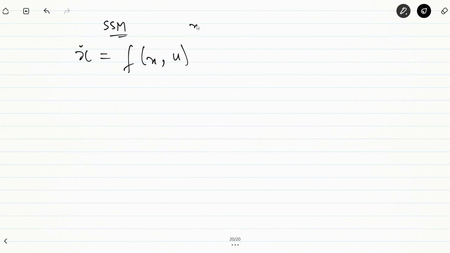Now instead of writing x dot equal to ax plus bu that we normally do with a linear system, from here on we'll be referring to it as x dot equal to f of x u. Okay? For non-linear systems, we do not write ax plus bu. For linear systems, we do that. For non-linear systems, we'll be writing now f of x and u. This actually hides the information of a and b that is responsible for making the system non-linear in the first place.